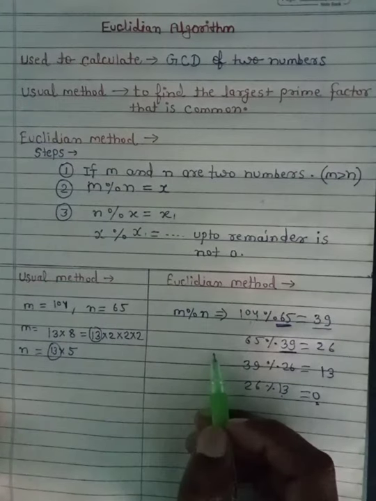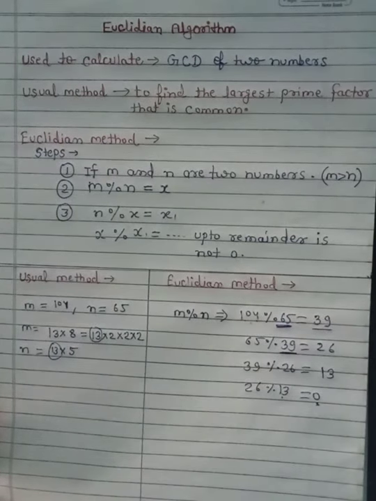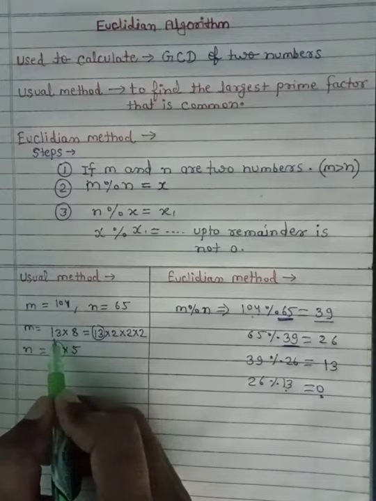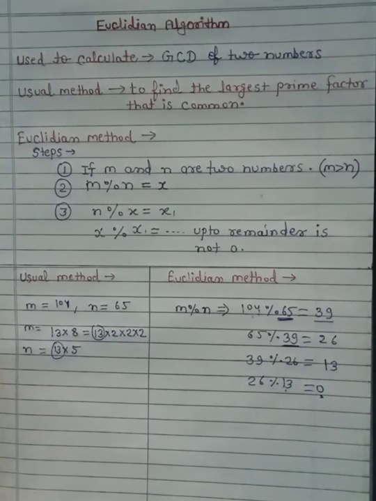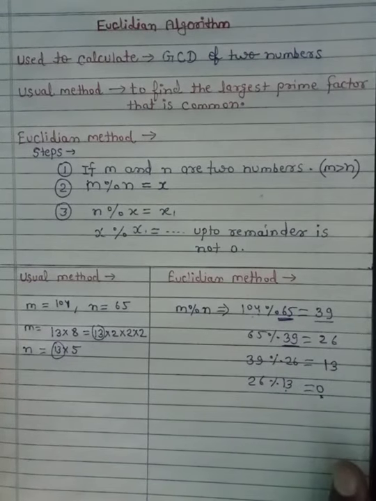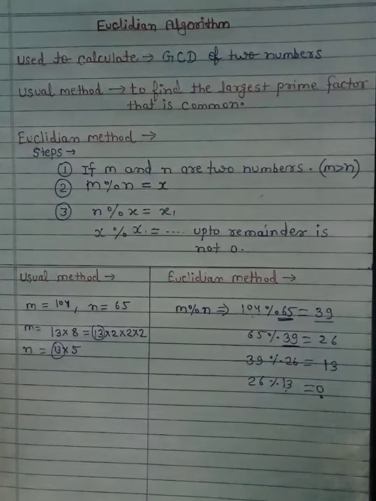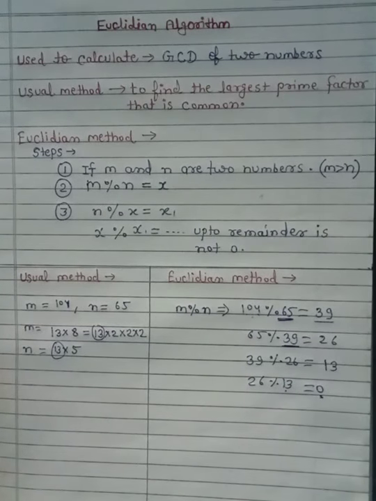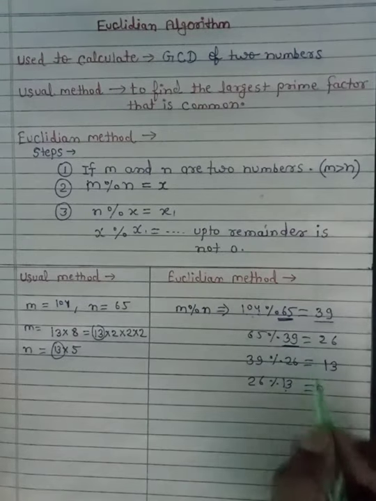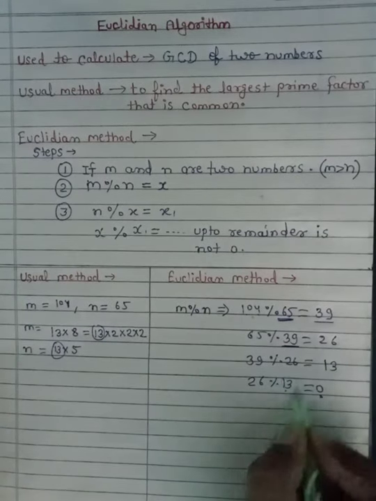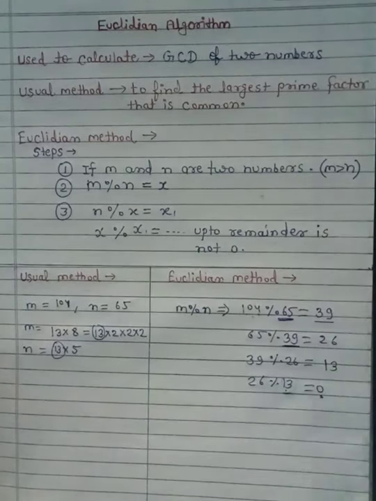We use the Euclidean method for faster results, because the usual method becomes very lengthy when these two numbers are very large. But the Euclidean method is simpler to use to calculate the greatest common divisor, because it repeatedly finds the remainders, and finally when the remainder is 0 it stops and says that the last divisor is the greatest common divisor.